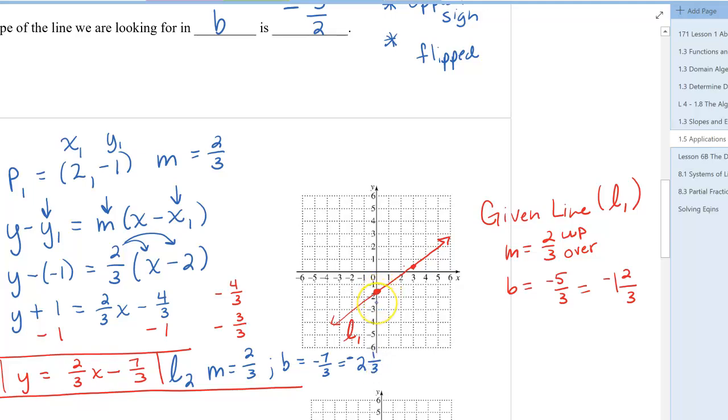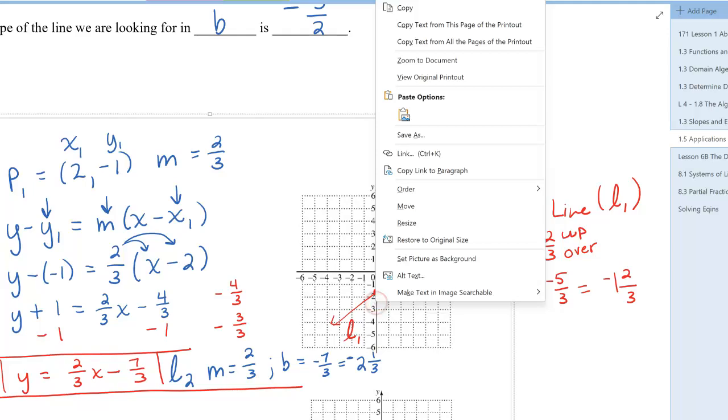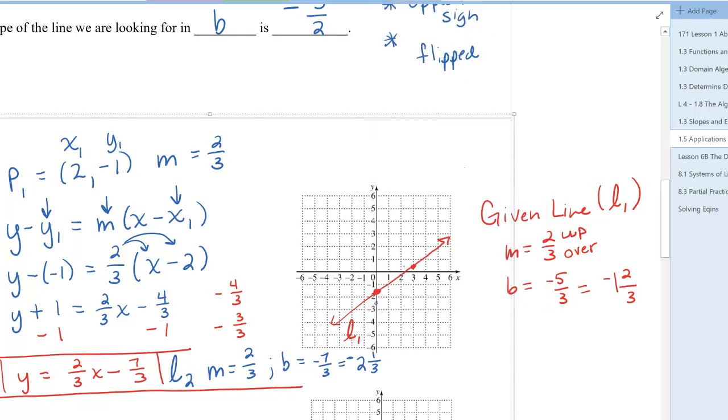So negative 2 1/3 is here. Now I'm going to go up 2 and over 3. So 1, 2, over 1, 2, 3 is going to be here. So we can see that line 1 and line 2 are in fact parallel.